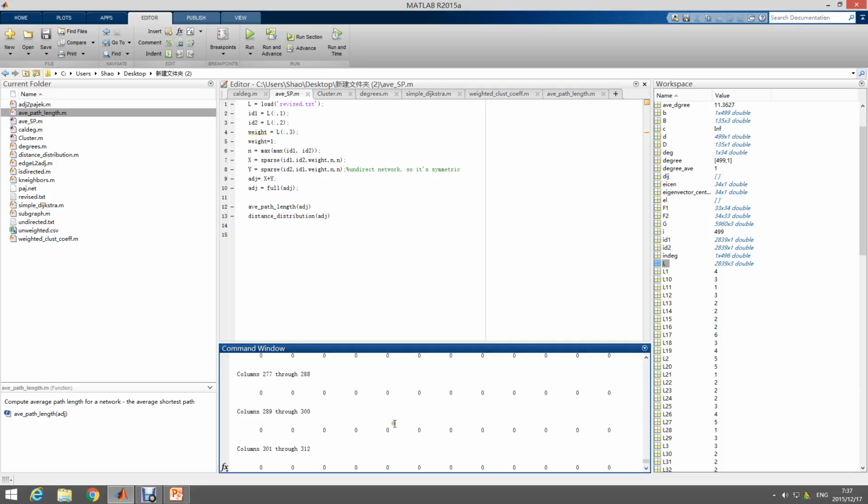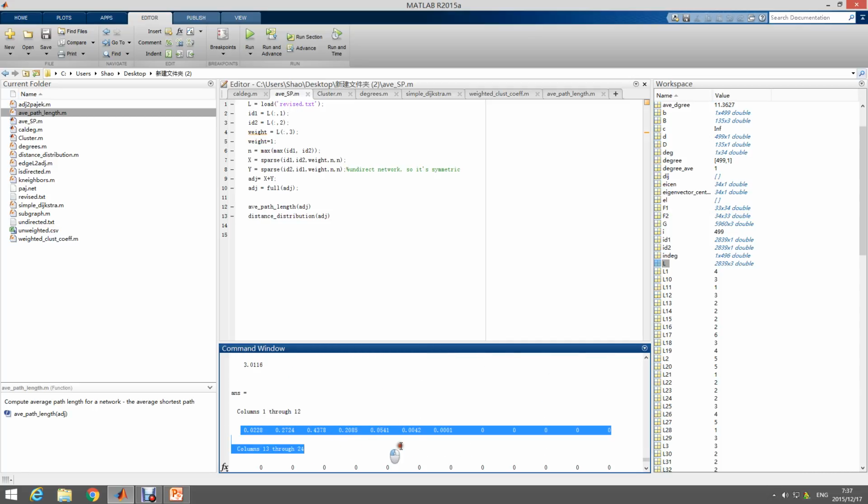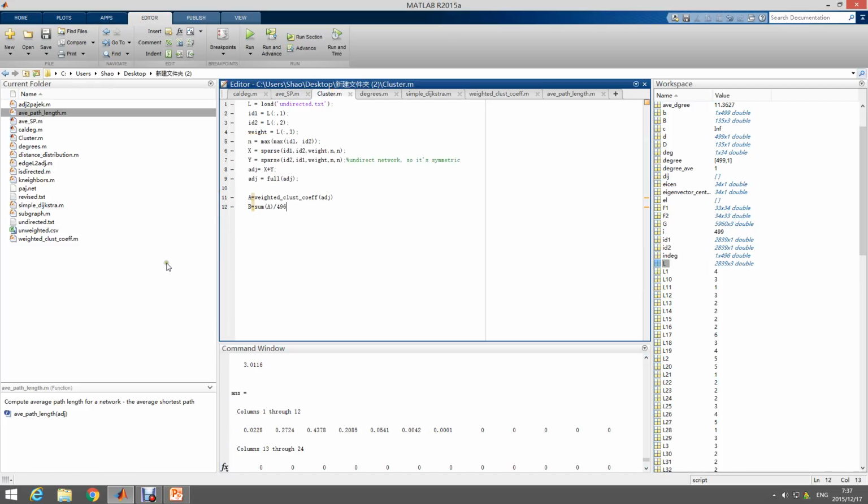Okay. Here, we can see the shortest path distribution. And the graph drawing is the same as before.